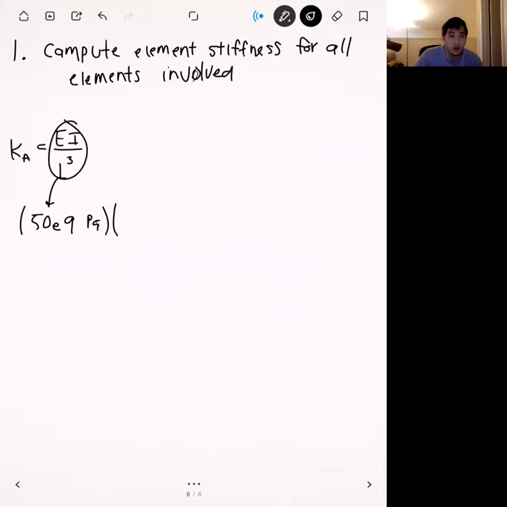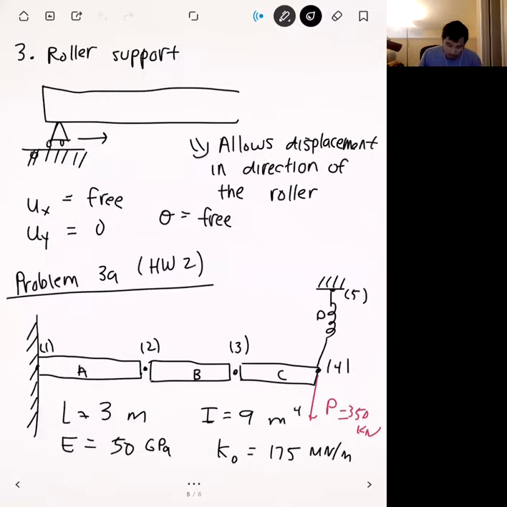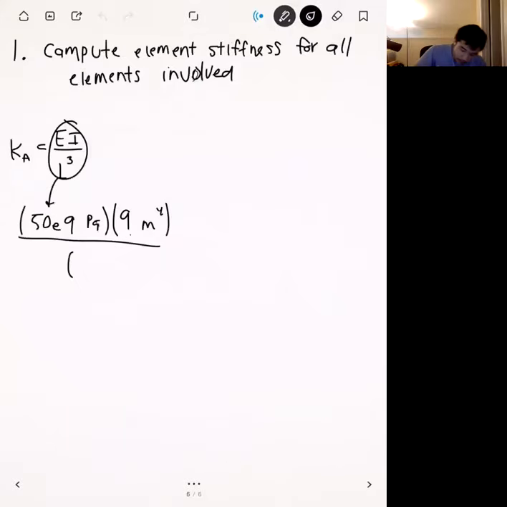Next, we have the moment of inertia, 9 meters to the fourth, divided by L cubed. L is 3, so 3 cubed is 27.